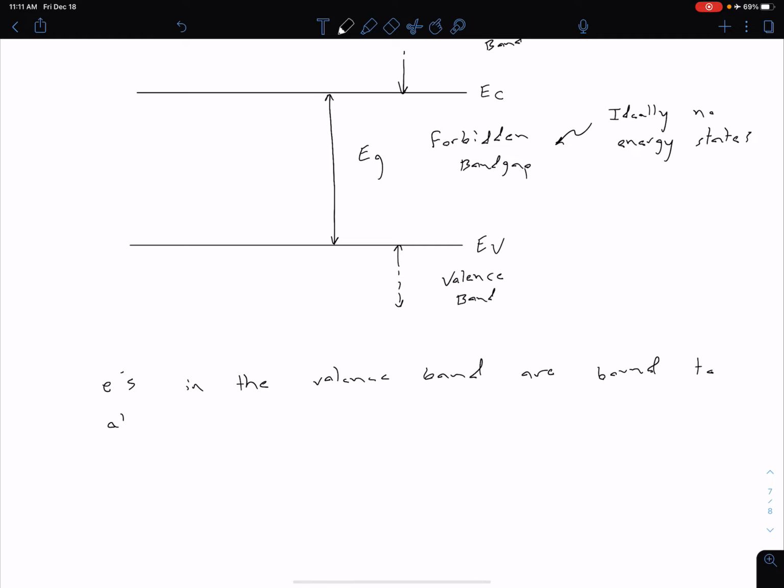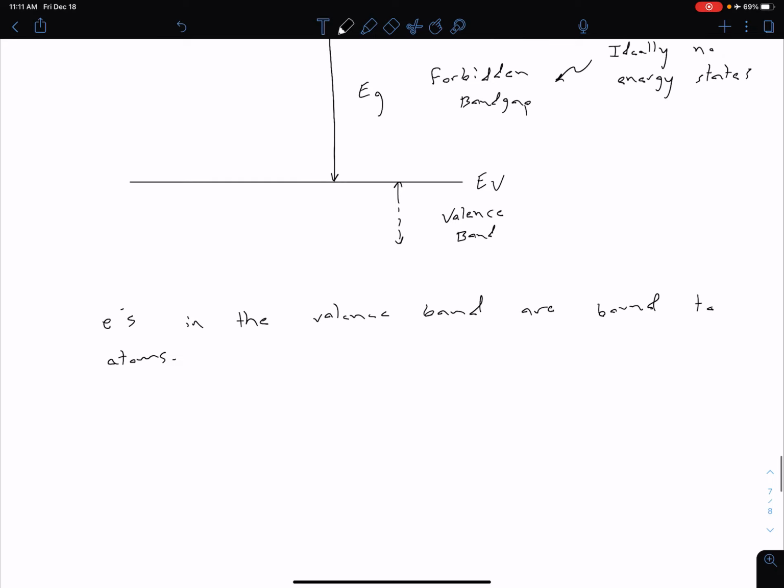Okay, so when they're in the valence band, they're still bound to the atoms, but once they move up to the conduction band, they're free to move throughout the crystal. So electrons in our conduction band can move through our crystal or our lattice. And of course, once they're up there, they can contribute to our current.